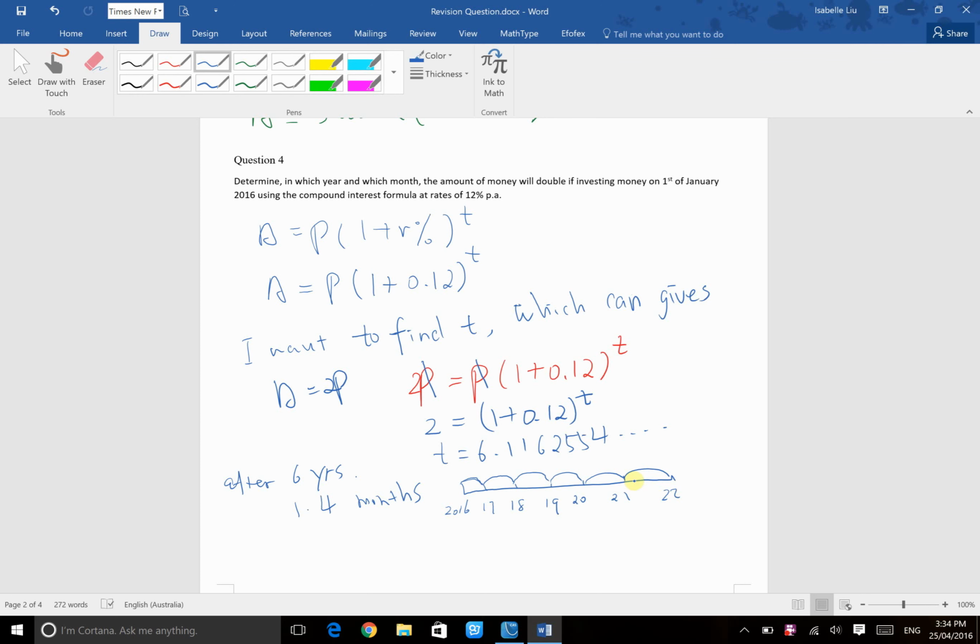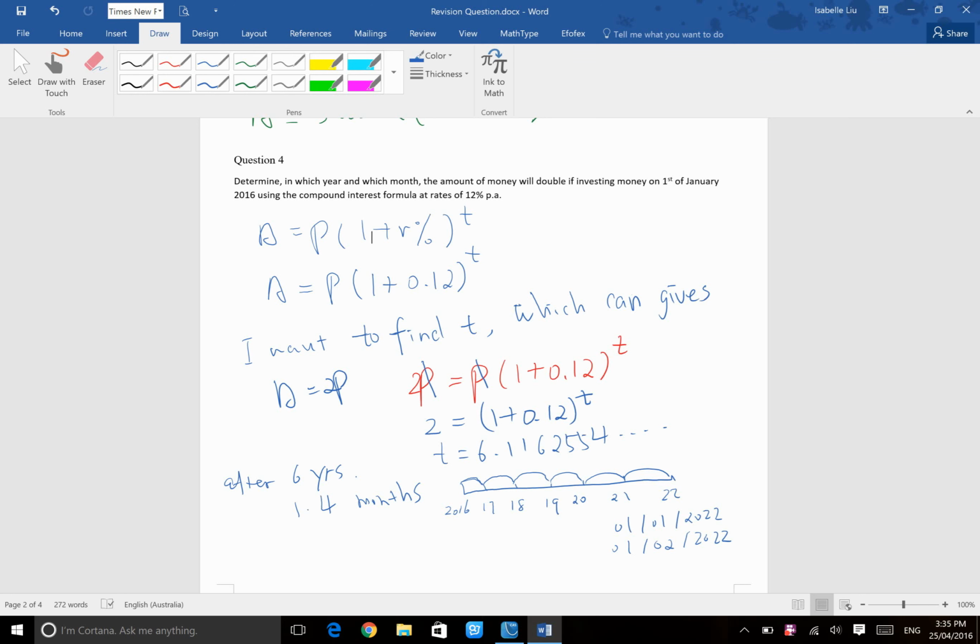After 6 years is at the start of 2022. But I have another 1.4 months. After 1 month, will be February. So from 1st of January, after 1 month is at the starting of February of 2022.